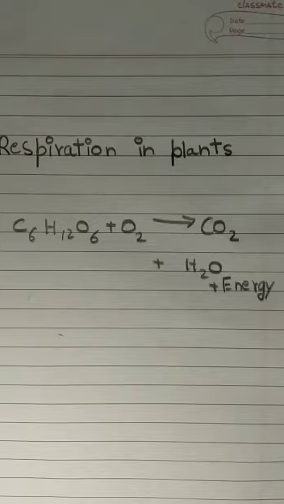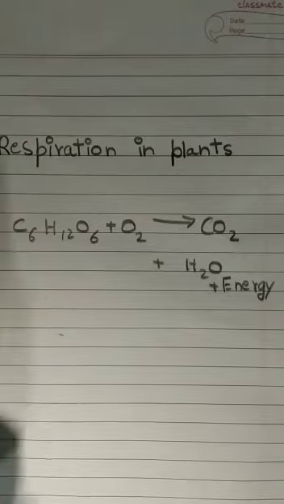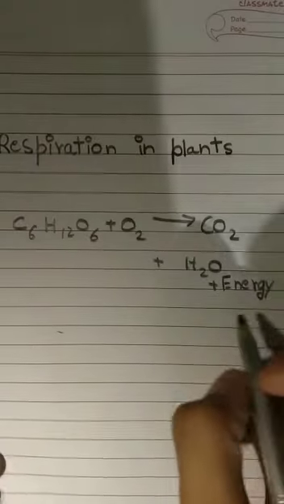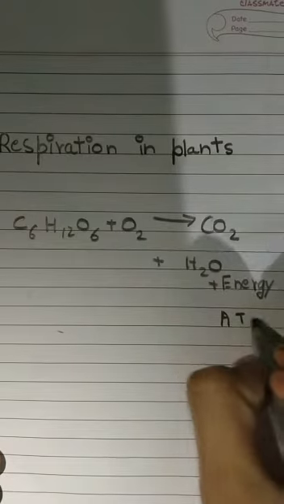Now what is done after this process? First, this glucose molecule combines with oxygen so that it can be broken down. It breaks down into CO2, H2O, and energy, that is, glucose combines with oxygen to form carbon dioxide, water, and energy, and it is in the form of ATP.